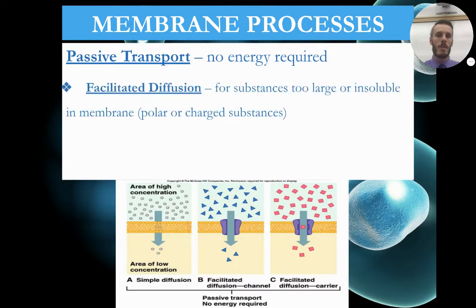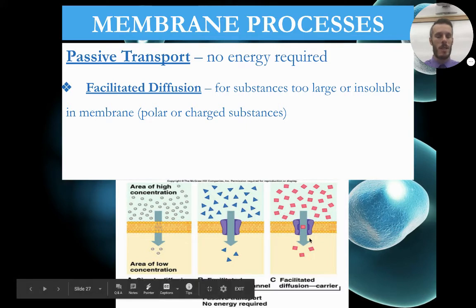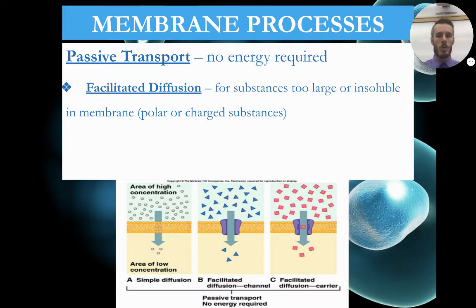Facilitated diffusion is a process that allows polar molecules or larger things to pass through the membrane where they normally would not be able to because of the nonpolarity of the phospholipids. These things would just bounce right back. But there are proteins in the membrane that act like a little tunnel for these particles to pass through.